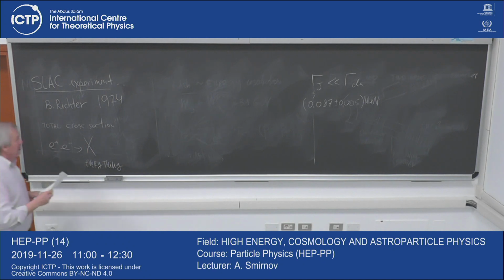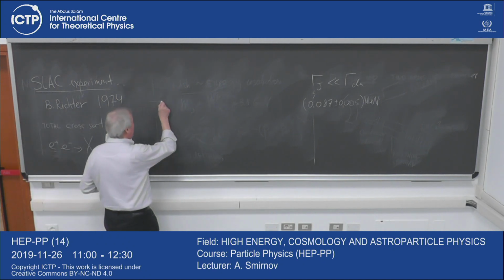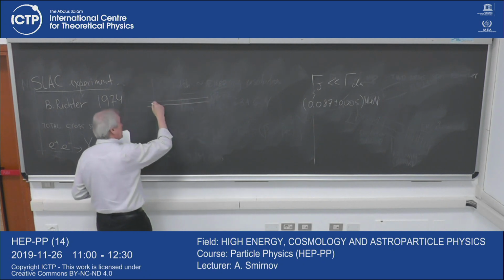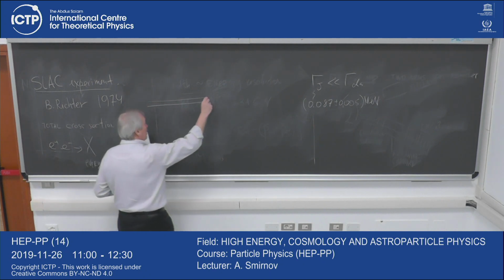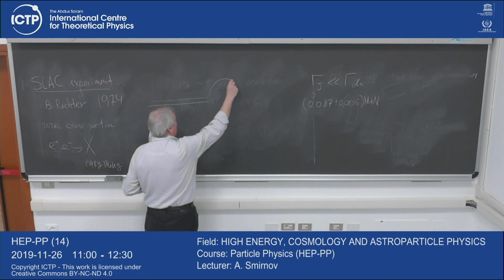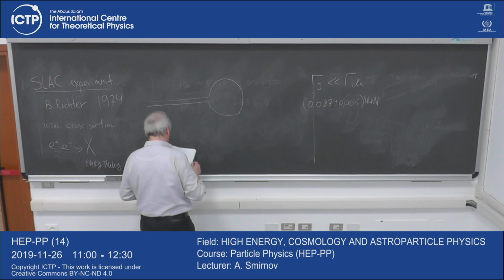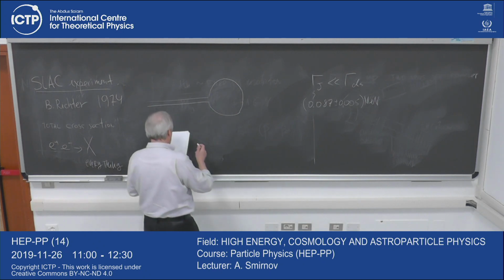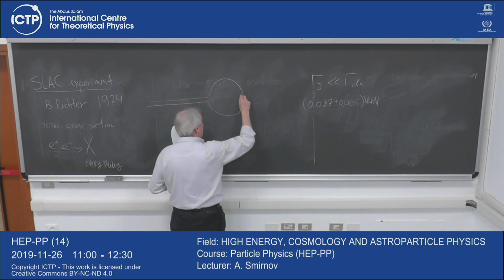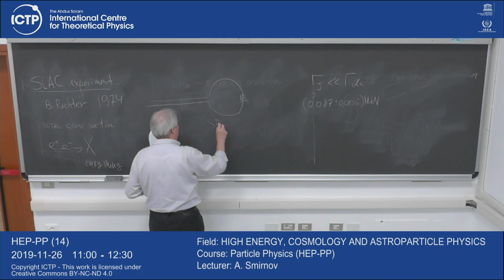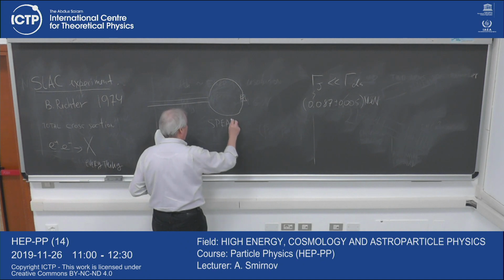So the SLAC accelerator operates in the following way. You have two tubes in which electrons and positrons are accelerated, and then they are injected into a storage ring. And then here was a detector. Actually, the storage ring has a name, SPEAR.